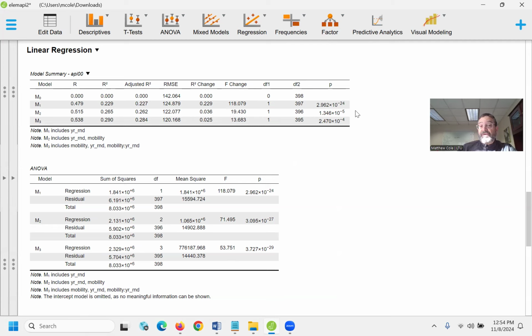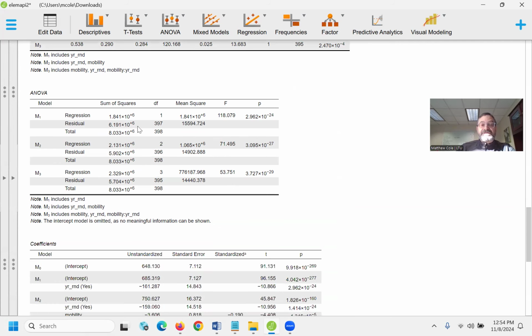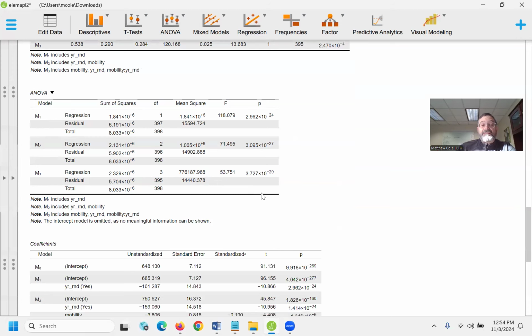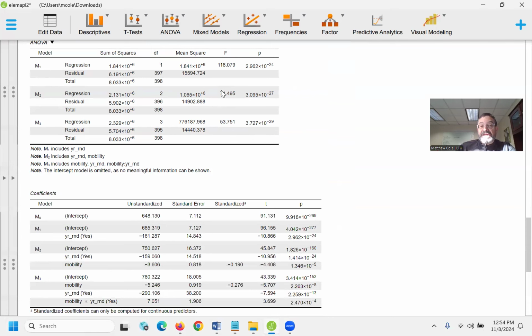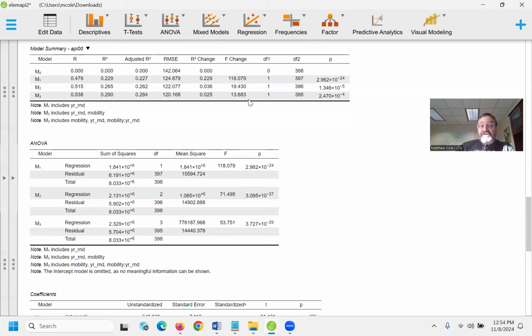When the p-value is significant, that's saying that adding predictors is suggesting that the model is better. This ANOVA table is just what the overall model is at each step. So by the time we got to model 3, overall, it's still a significant model. And this change in F from 71 to 53.575, which is 13.683, that's significant.